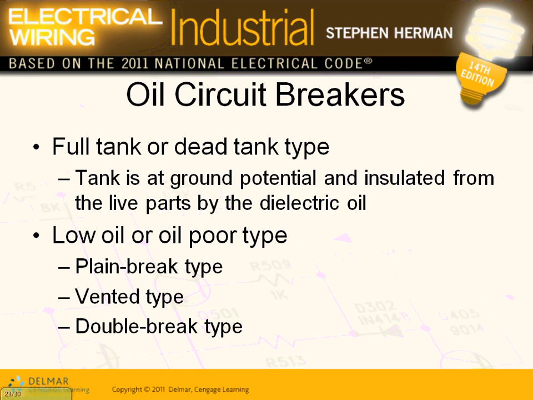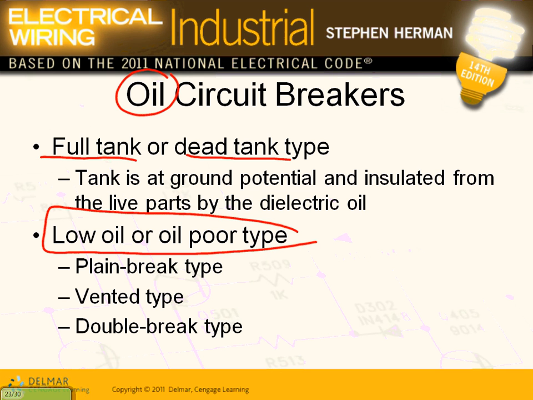The second one is the oil circuit breaker. Obviously, oil. What do you guys think? The oil extinguishes the arc. They have live tank technology or dead tank, with a grounded frame. These are high voltage. Here are the technologies: plain break type, vented type, and double break type. I'll show you a picture of these.